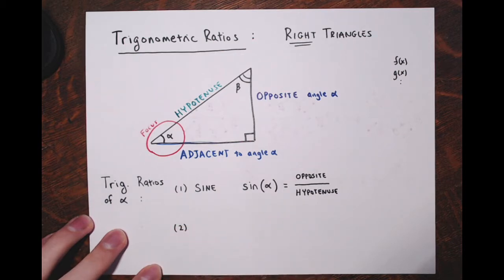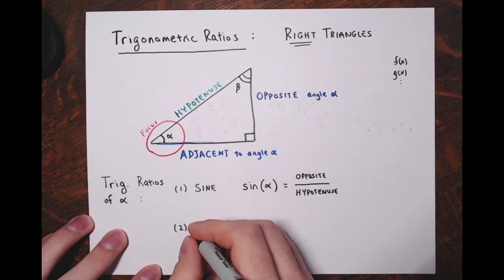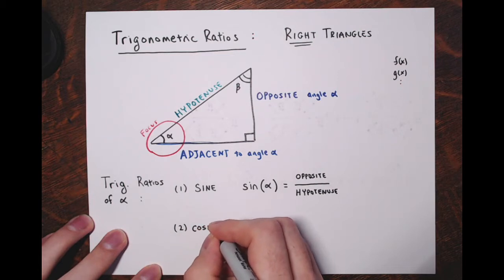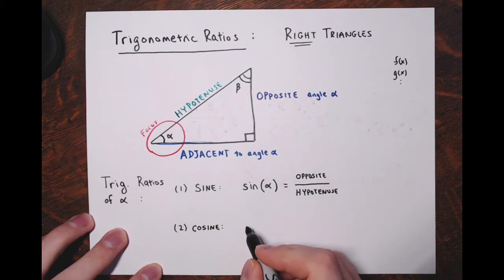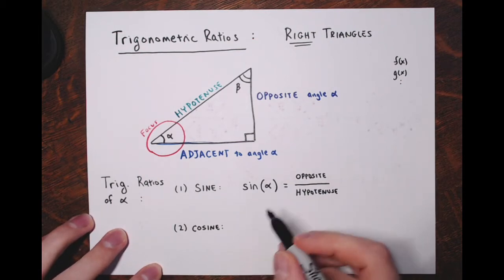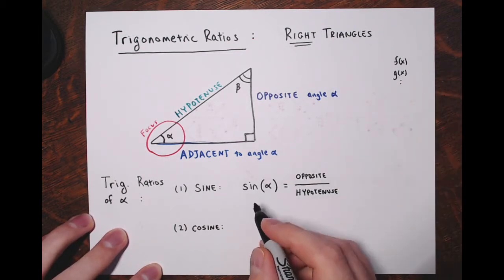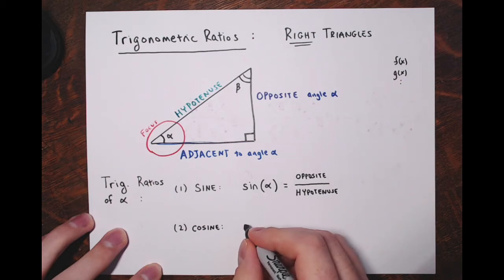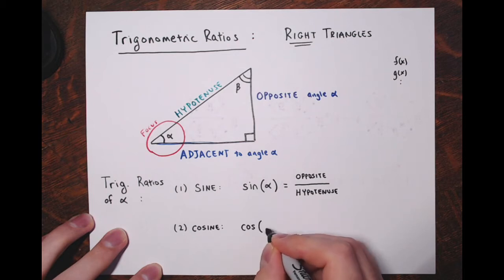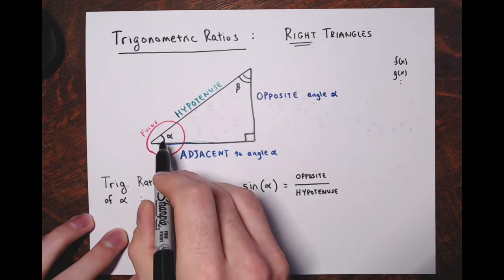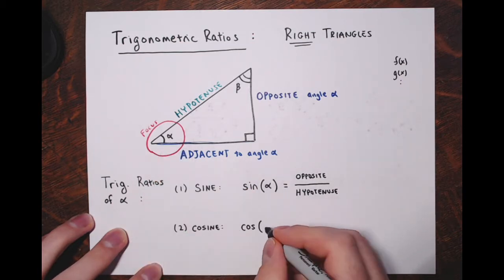Next, the cosine of an angle. Again, the name of the function when you write it in function notation is abbreviated with 3 letters. It's COS. This stands for cosine of, and then in parentheses you have your input, and the input is again some angle measure, and we're focusing on angle alpha right now.